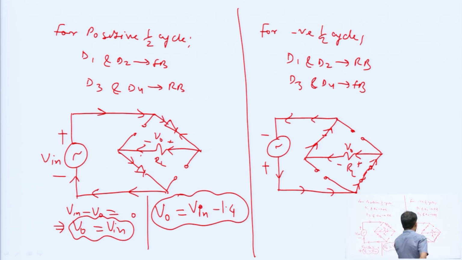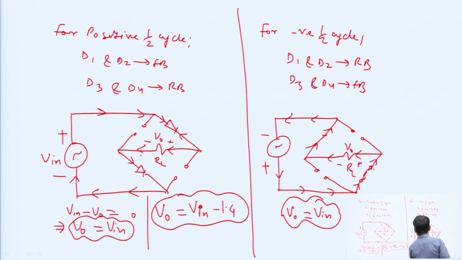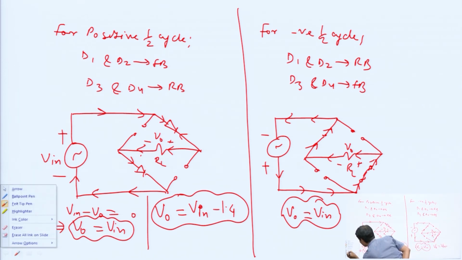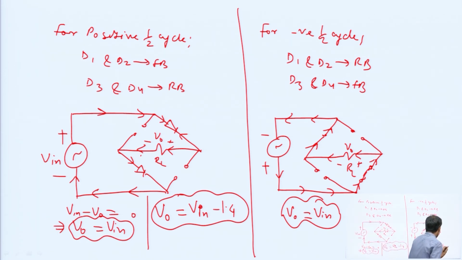And here what is V naught? V naught is V input ideally, and V naught is equal to V input minus 1.4 volt. V output is equal to V input minus 1.4 volt.